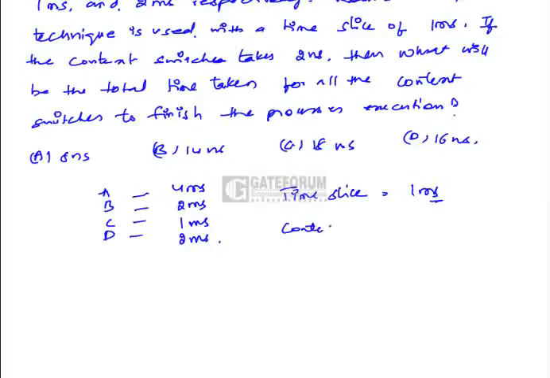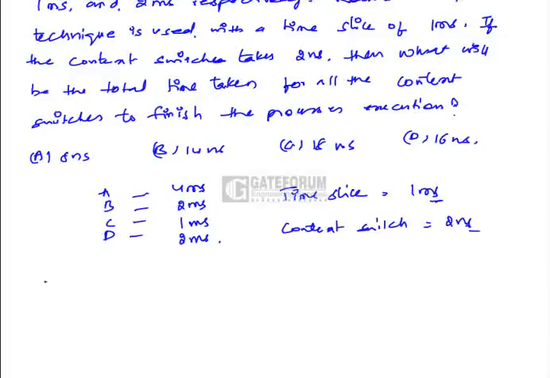And time taken to switch from one process to another process after the time slice is given as 2 nanoseconds. Here round robin schedule is used to schedule the given process. So here the question is, we have to find the total time taken by context switches if we use round robin schedule. So in order to solve this problem, we have to write the Gantt chart.